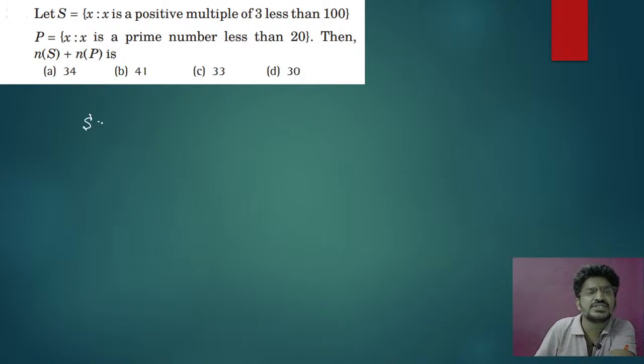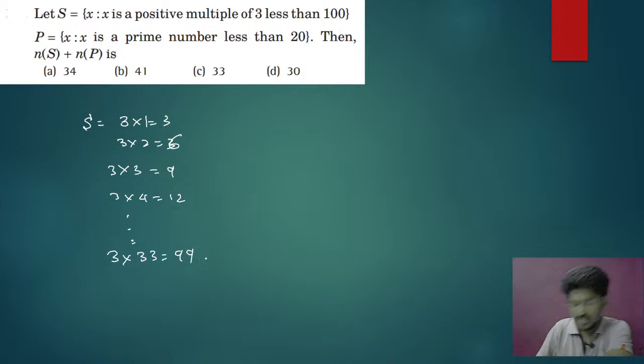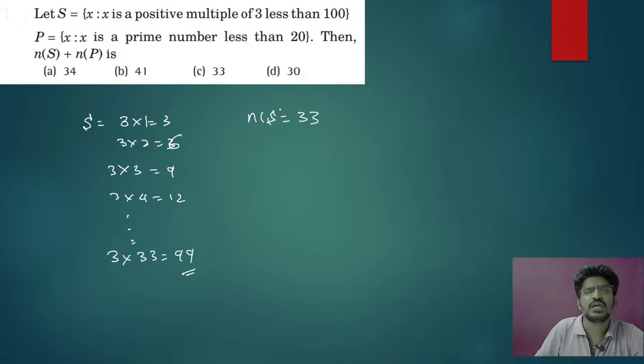See set S, multiples of 3: 3 into 1 is 3, 3 into 2 is 6, 3 into 3 is 9, 3 into 4 is 12, and so on to 3 into 33 is 99. This is the last one. That means N of S is equal to 33.